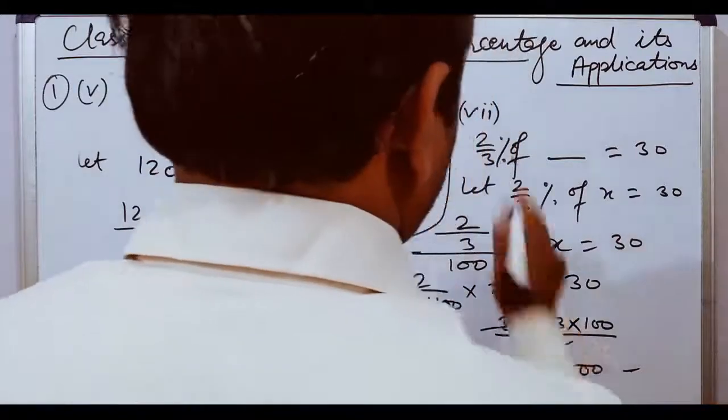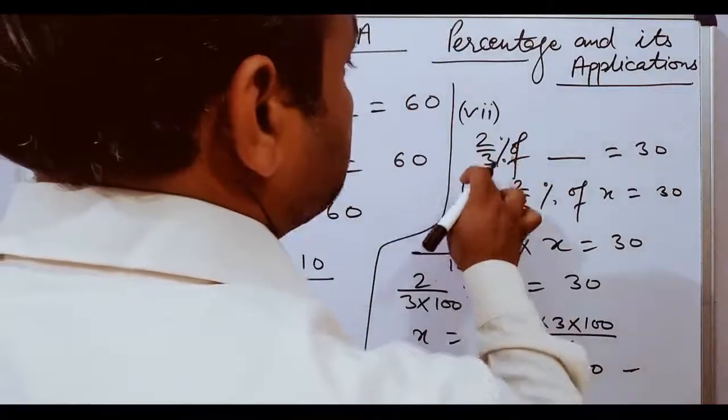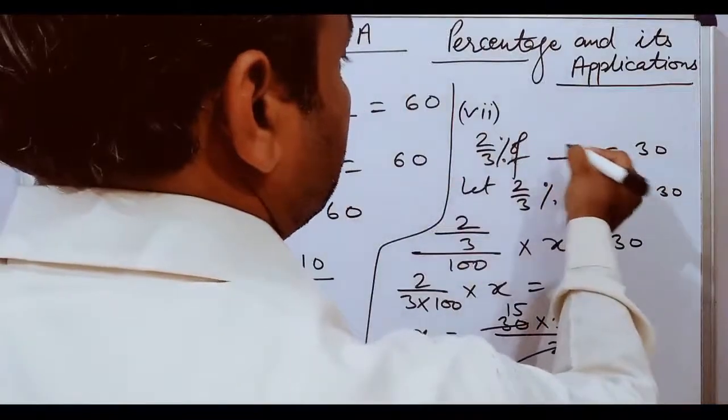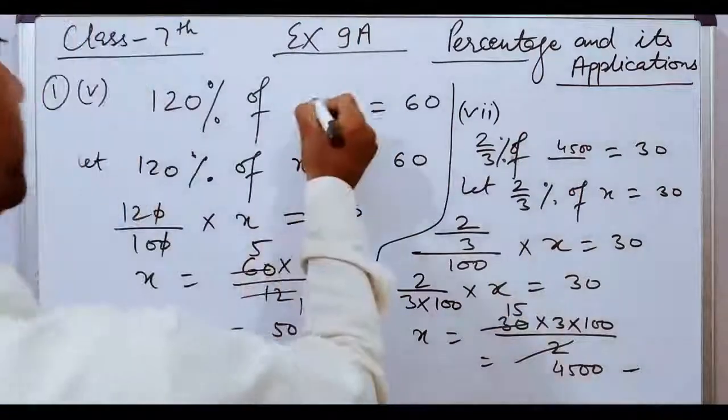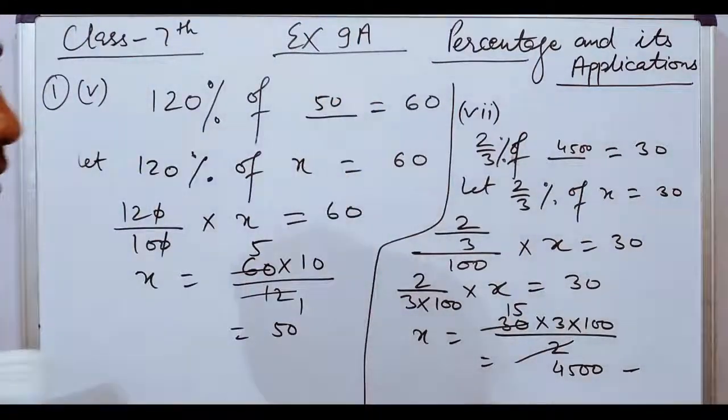Then 2 upon 3 percent of 4500 equals 30. It is 50. Okay, dear students.